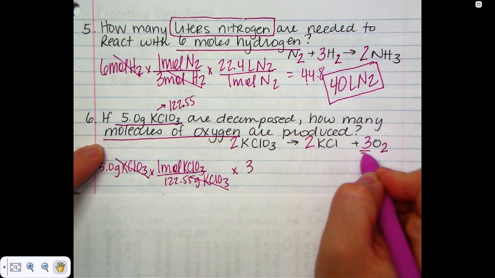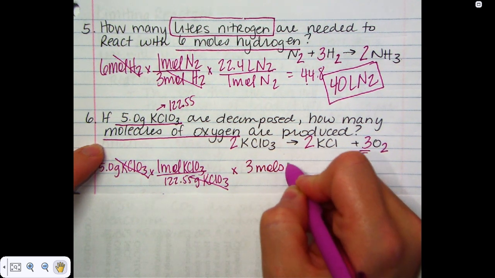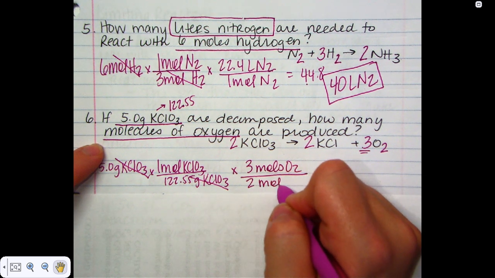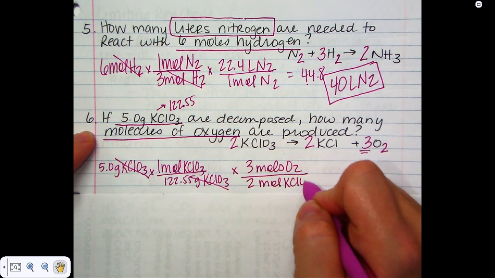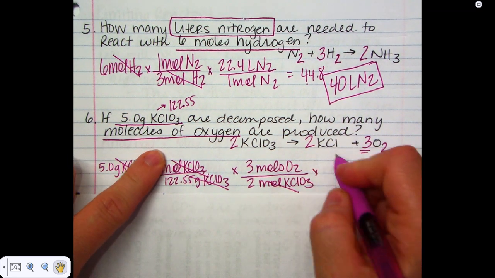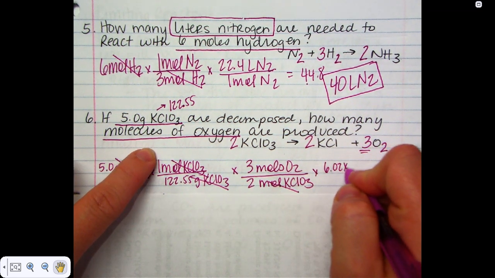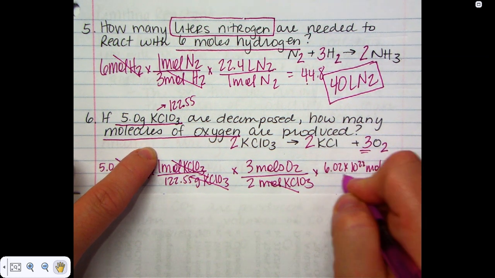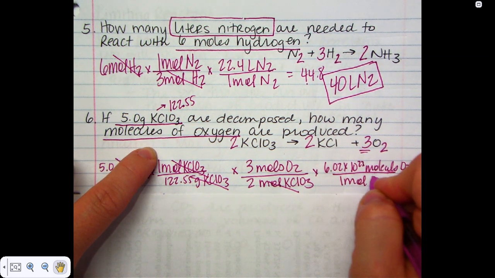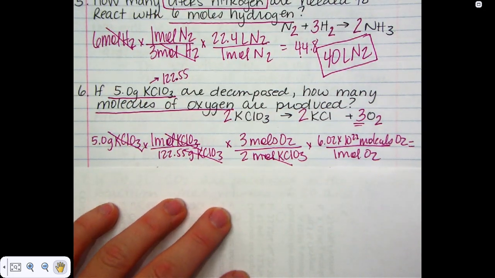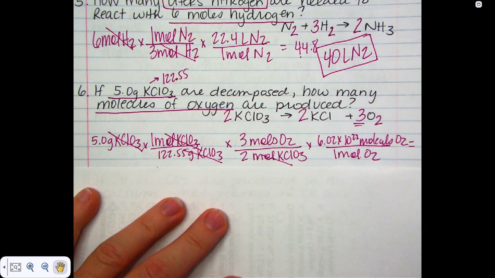So 3 moles O2 over 2 moles KClO3. And then it wants the answer in molecules, times 6.02 times 10 to the 23rd molecules O2 over 1 mole O2. Okay, so nothing I can get rid of here, nothing I can simplify.